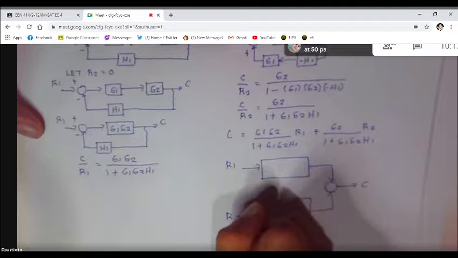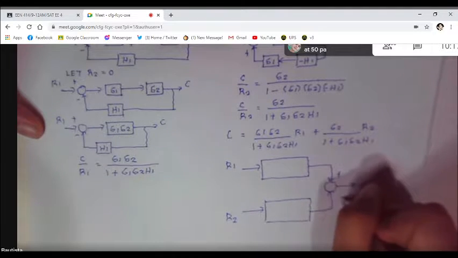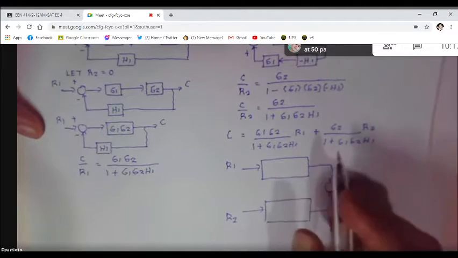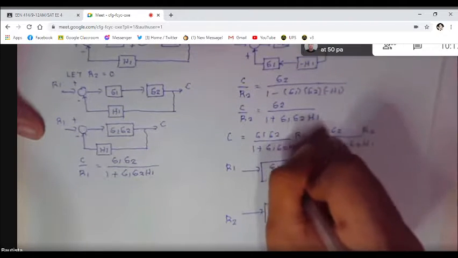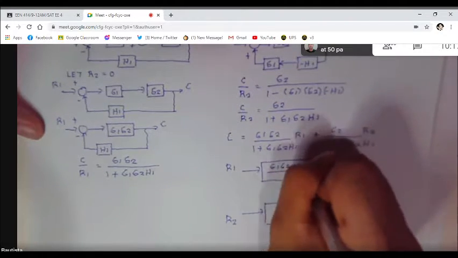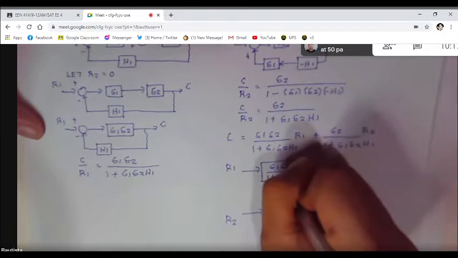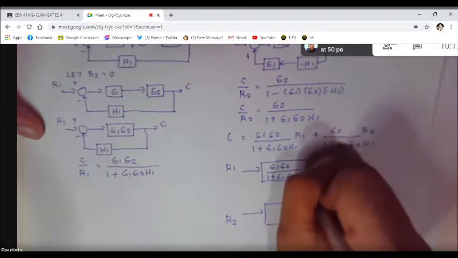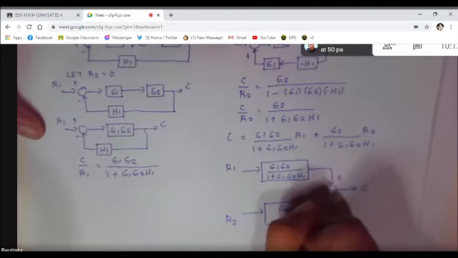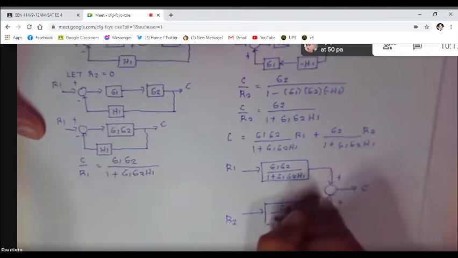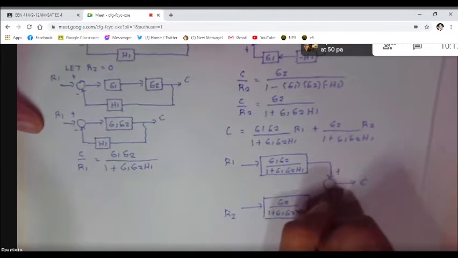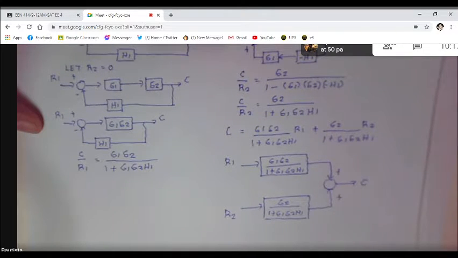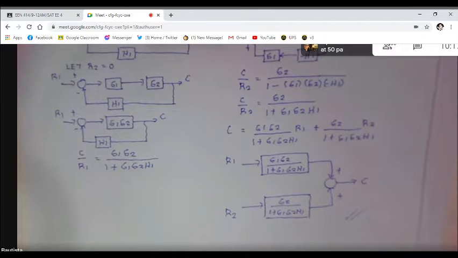We have R2. Plus. Ilagay mo sa loob yung R1, yung coefficient ng R1. So, G1, G2, all over 1 plus G1, G2, H1. So, ganun din dito. So, you have G2 all over 1 plus G1, G2, H1. Okay? Yan ang final block diagram ng system.